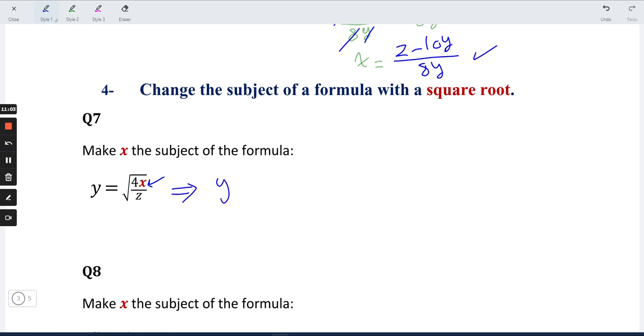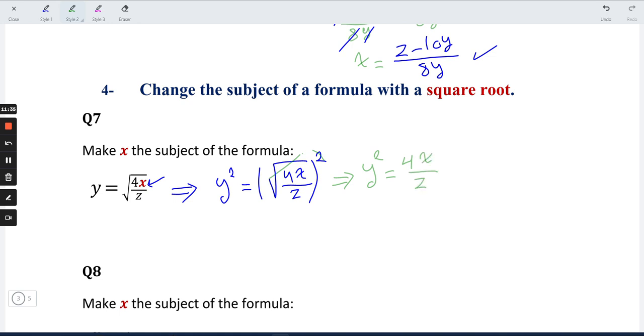We'll get y square equal under the square root 4x dividing by z, to the power of 2 or square. Now in this case we'll have y square equal 4x over z, as the square and root cancel each other.